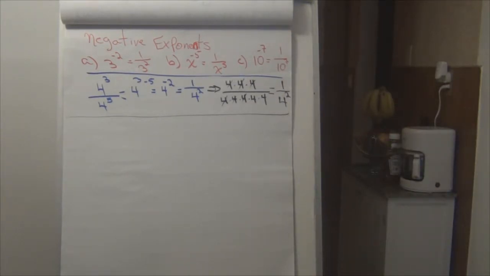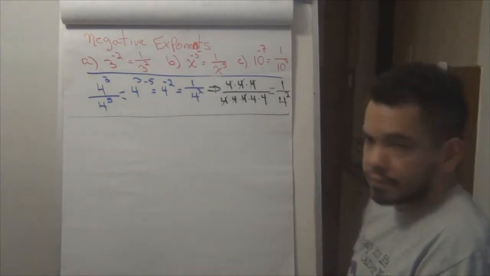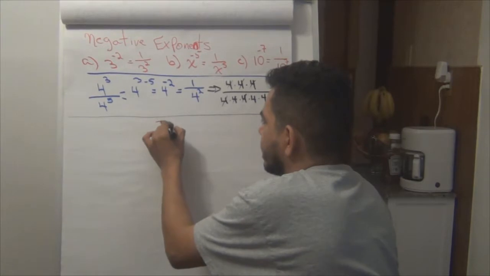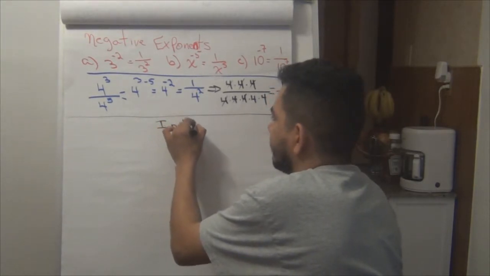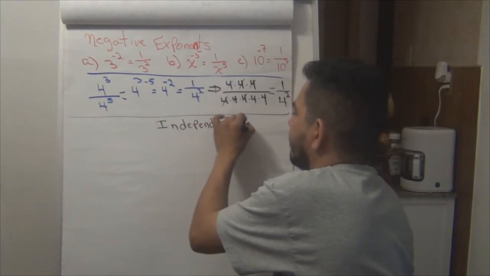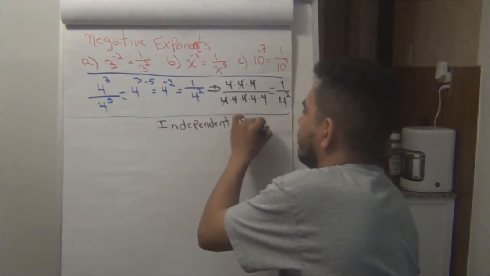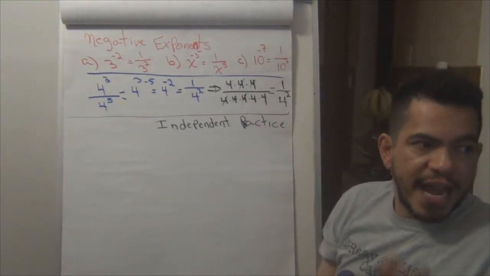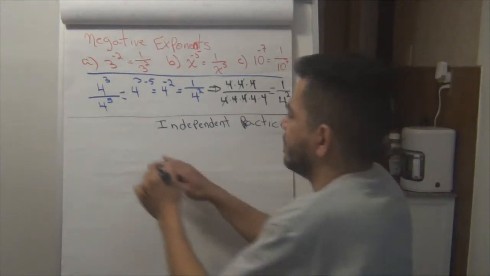For example, on the independent practice. So we're going to start with the independent practice. I said, what is the product of negative?